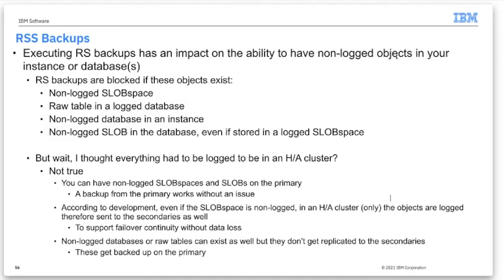Even if the slob space is not logged, within the HA cluster and the HA cluster only, the objects are actually logged and sent to the secondaries as part of the transaction commit. That's what allows us to fail over from a primary to a secondary and still have all of your non-logged slobs within that secondary. You can have non-logged databases or raw tables in your primary.